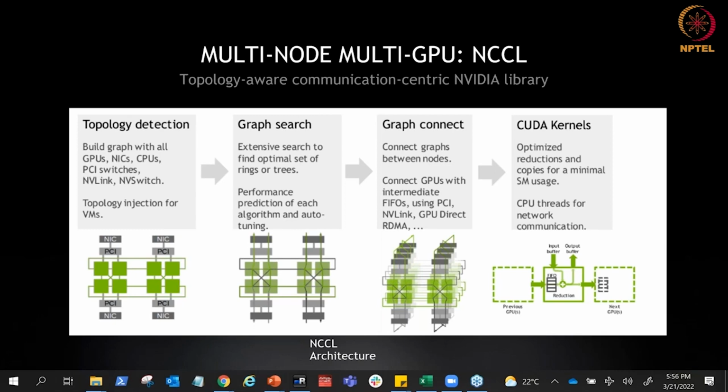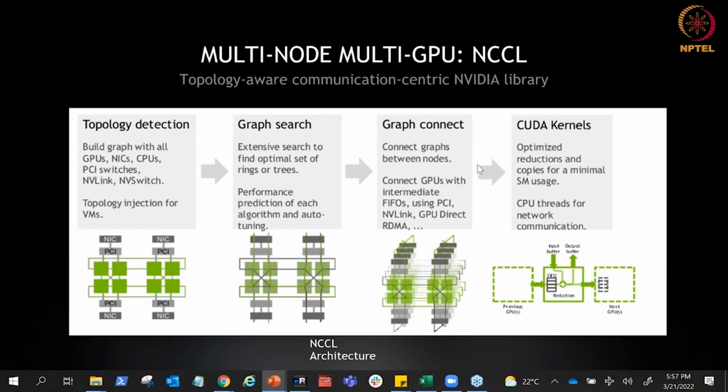So it does topology detection for different settings. It does a graph extensive search to find the optimal set of rings or trees. So it tries to find what is the best traversal path. It does a graph traversal and tries to find the best path whenever you want to communicate across. And it does the graph connection based on that, right?